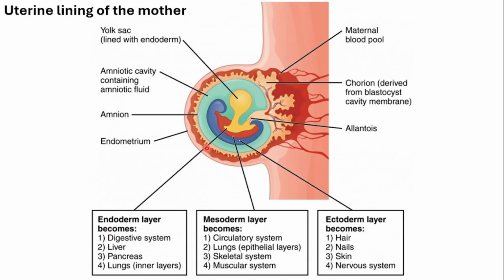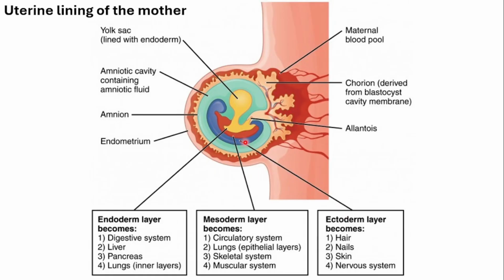So the endoderm layer becomes the digestive system, the liver, the pancreas, lungs. We're talking about the inner layers. The mesoderm layer becomes the circulatory system, lungs, epithelial layers, skeletal system, and muscular system. And the ectoderm layer becomes the hair, nails, skin, and nervous system.